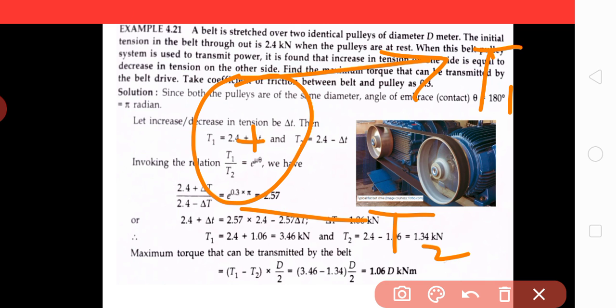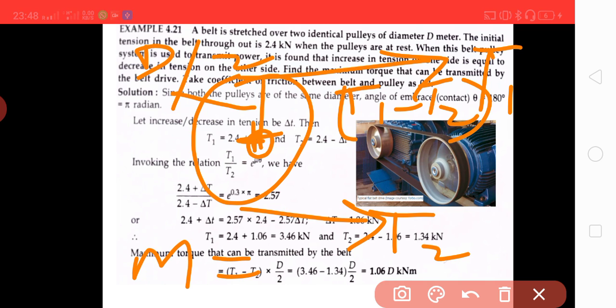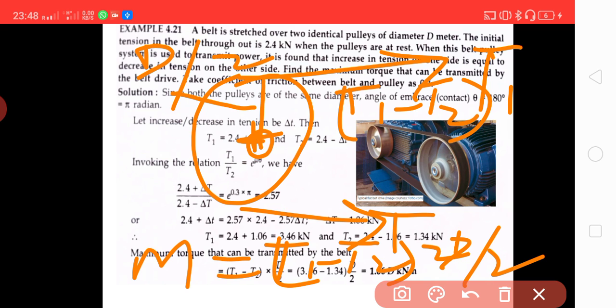Now the net force which is driving at the center is T1 minus T2, and this is the moment arm, which is equal to d by 2. So moment, meaning torque, becomes T1 minus T2 into d by 2.